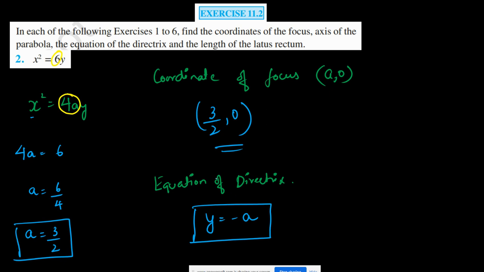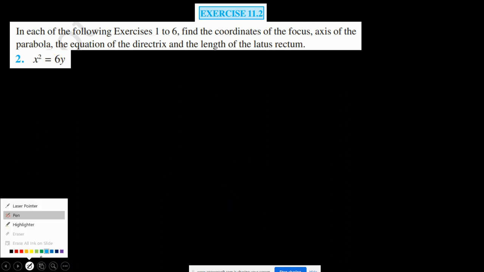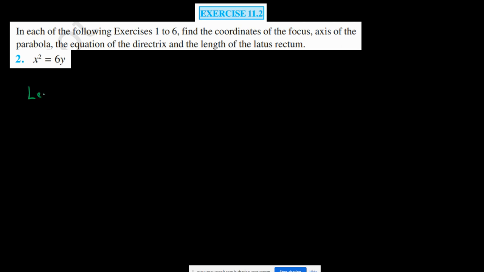Next, the length of latus rectum. It is given by 4a. 4 multiplied by the value of a, which is 3 over 2.